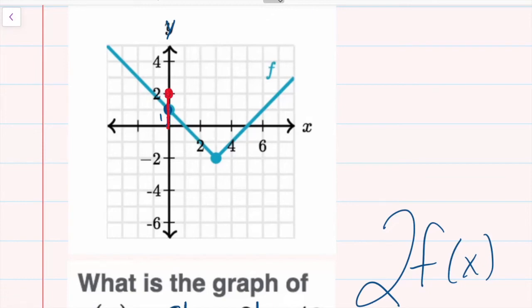Originally, this point is over here, going down to 1 and -2. So if we want double of that, instead of going down 2, we're going to go down 4, all the way here. Once you do that in Khan Academy, you're going to notice here is my new graph right there, because you basically doubled it in size.